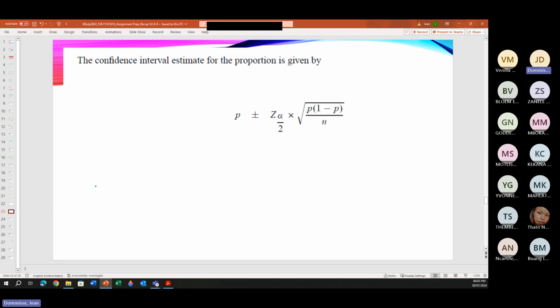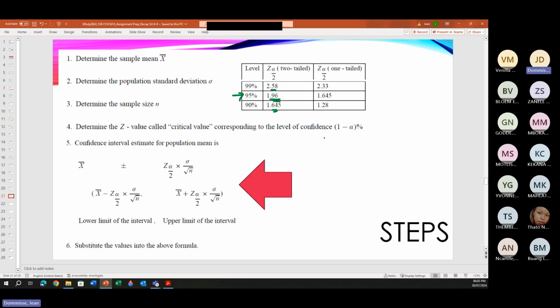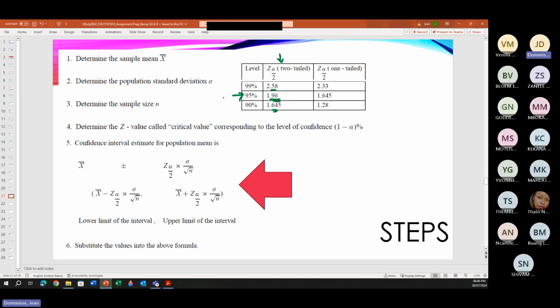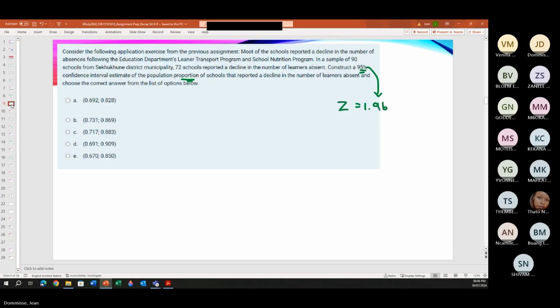How do we know that? It is included in this pack again: 1,96 is your two-tail, and that we always use for your confidence interval. The 95 is the one that we can use. 95, 1,96.